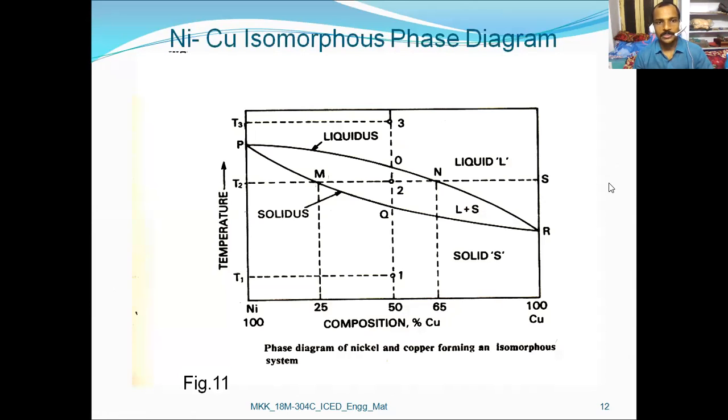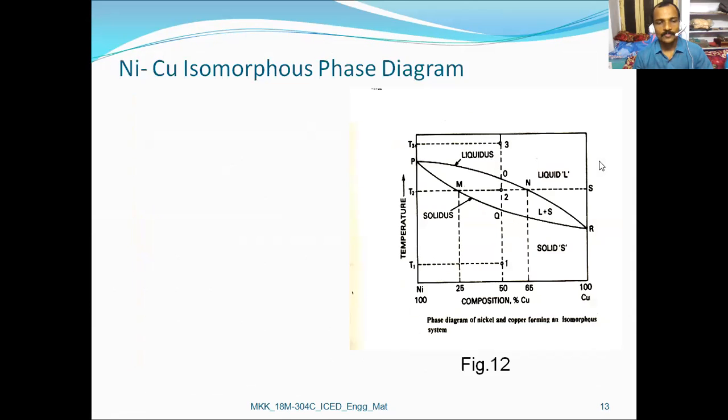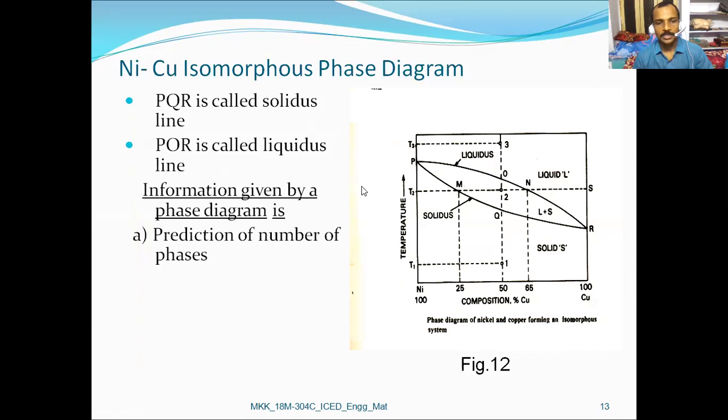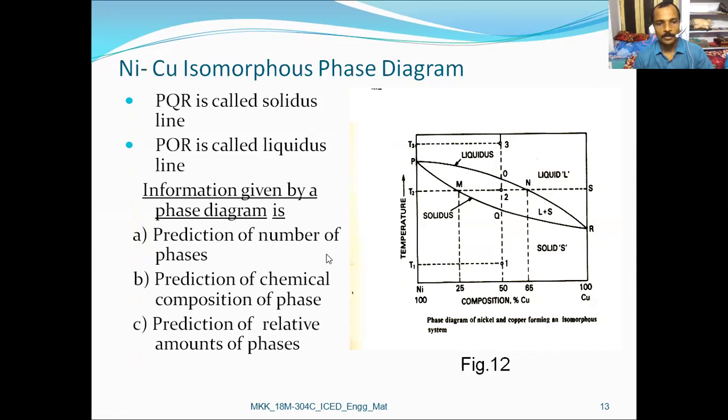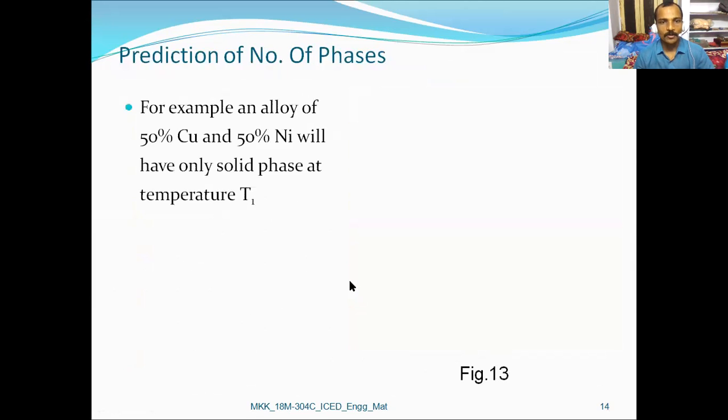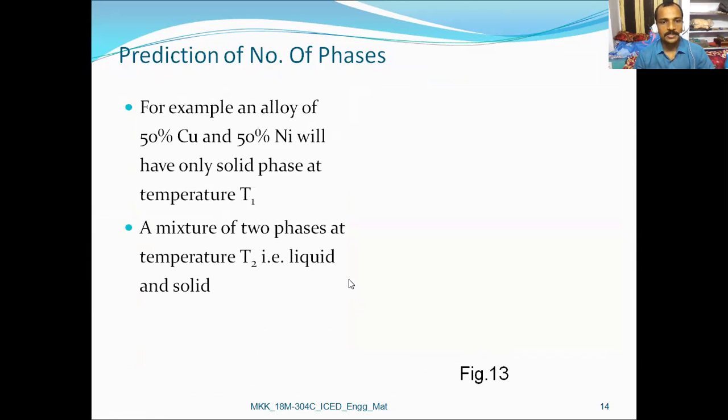So later we concentrated on the copper nickel isomorphous phase diagram, where we discussed the solidus line, the liquidus line, and some other information for prediction of the number of phases, prediction of chemical composition, and prediction of relative amounts of phases. For prediction of the number of phases, we considered at different temperatures what the different phases available are.